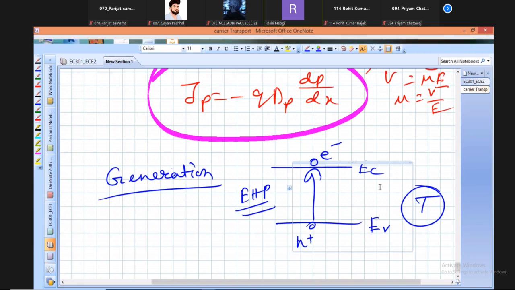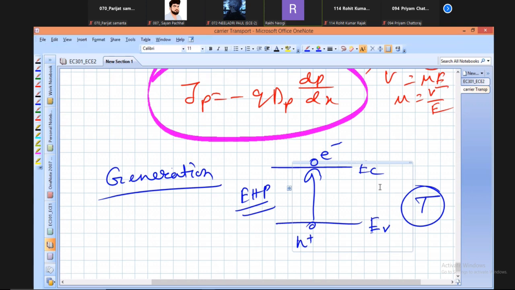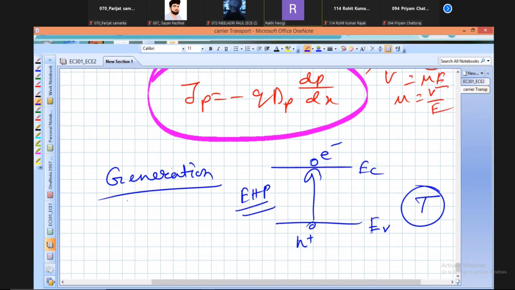So in this process also, electron-hole creation occurs. This is also a generation process. That means there can be more than one process of generation. What is generation? Generation is the process where electrons and holes are created.